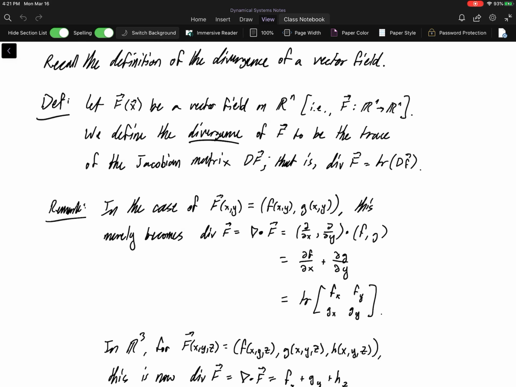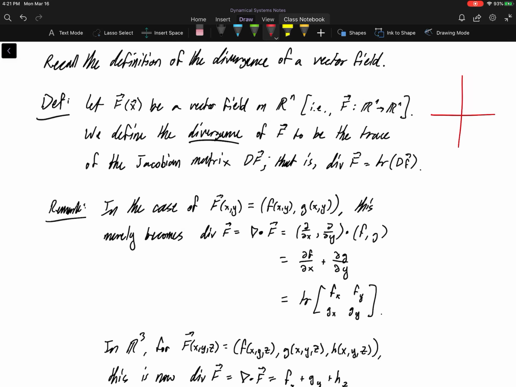And this is the whole reason why we're doing this in this particular fashion, is that vector fields from one dimension to the same dimension can actually be represented geometrically very nicely. We've already seen this. This is exactly how we're representing our vector fields in the plane.